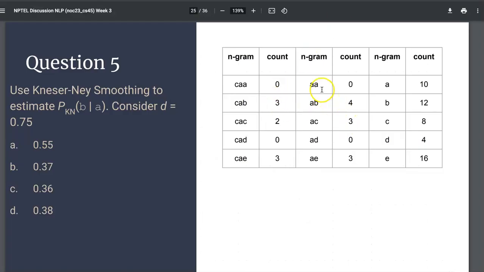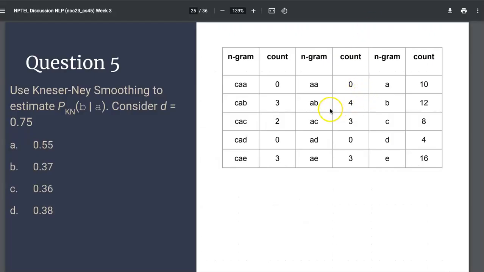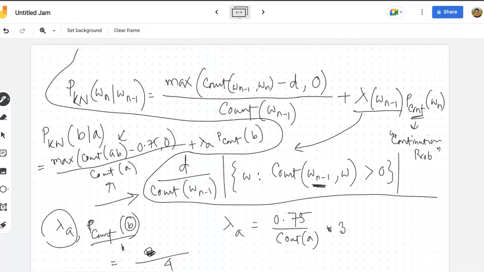It is AB, AC, AE, so there are 3, and another one, CA, which is also a bigram with non-zero count. So there are 4 different bigrams. And how many bigrams end with B? Just 1, AB. So it is 1.